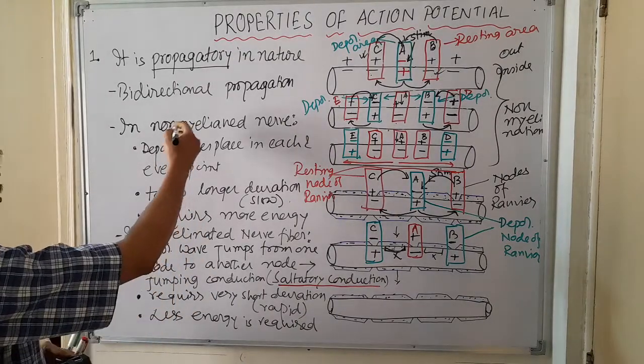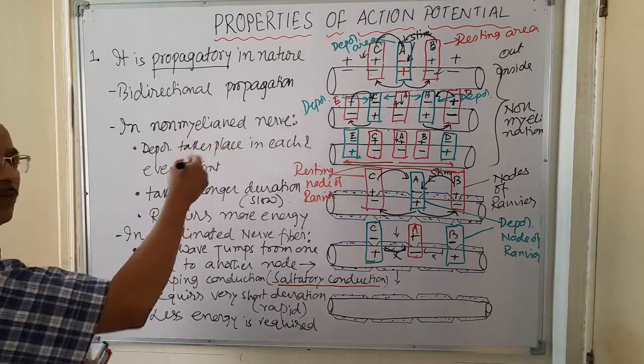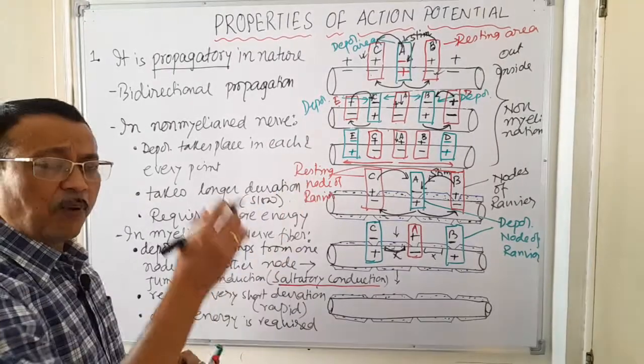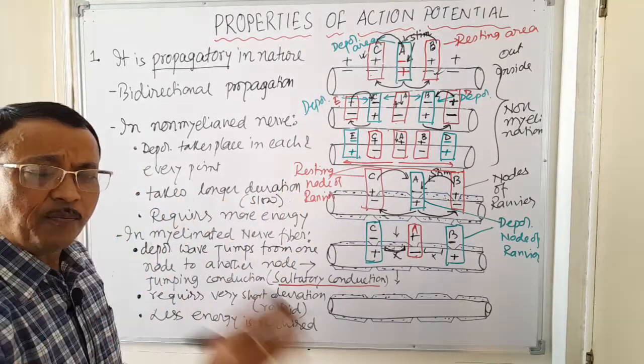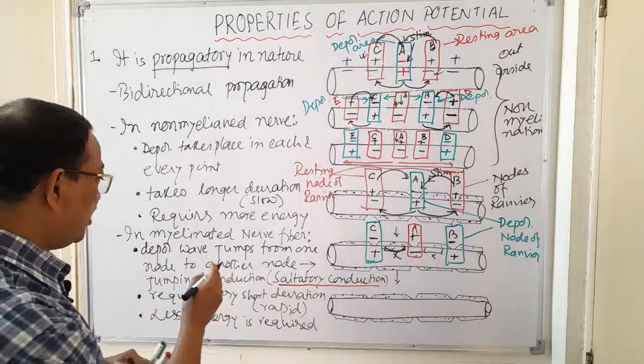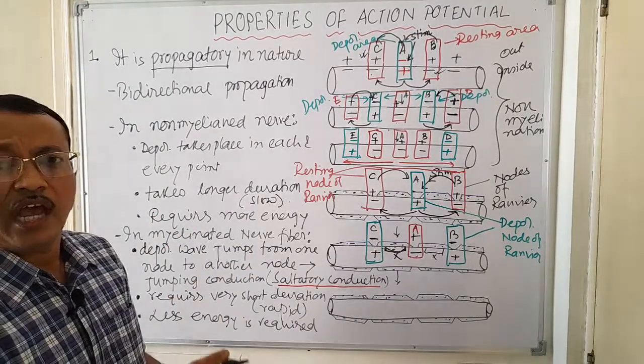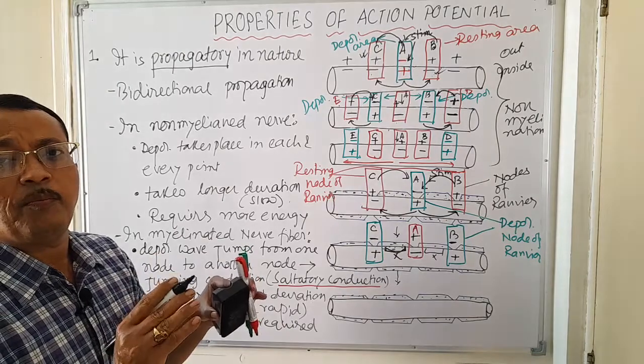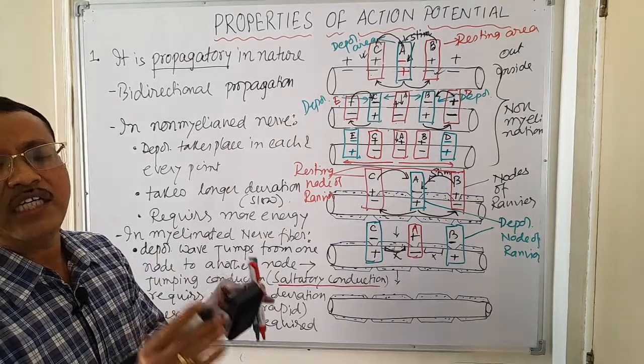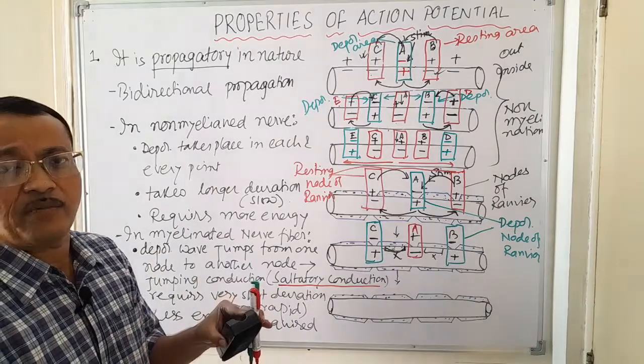In the non-myelinated nerve fibers, the depolarization wave has to pass each and every point of the nerve fiber. But in case of a myelinated nerve fiber, the depolarization wave need not pass to each and every point of the nerve fiber.